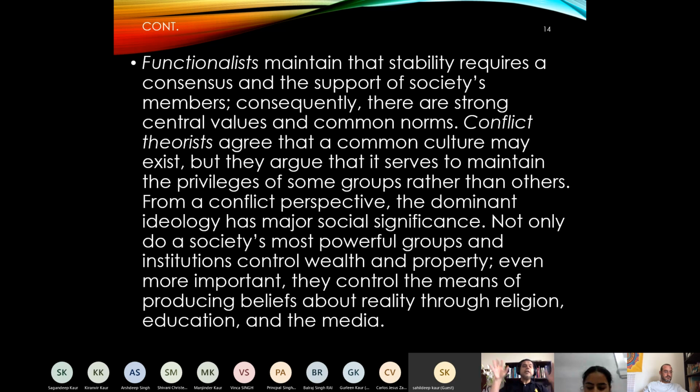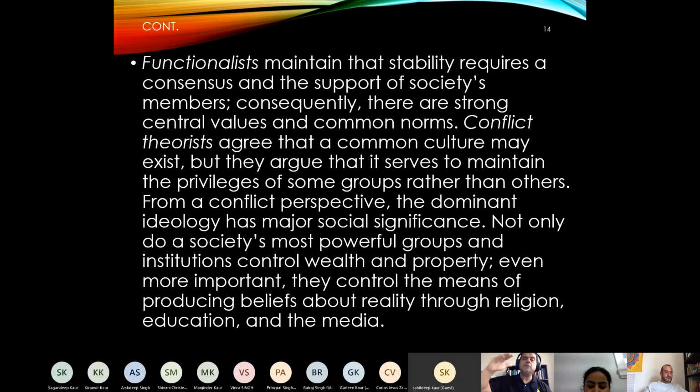The first two, the functionalists and the conflict theory, although they say things different from each other, they both belong to a major school called structuralism. Do you know structure? S-T-R-U-C-T-U-R-E. Structure comes from the structure of a building, how the building looks.